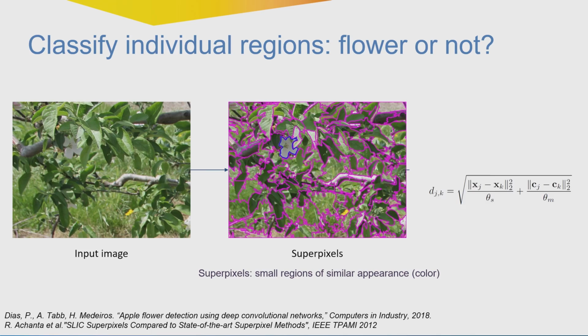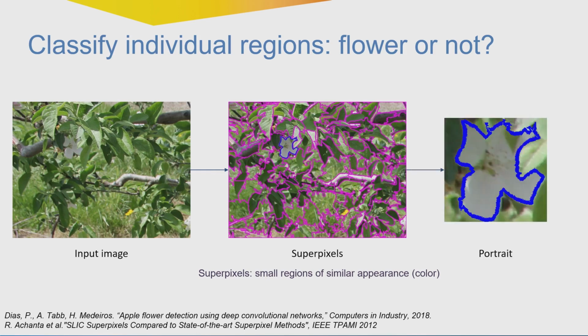You have a 5D space of the x and y coordinates, plus the 3 coordinates of whatever color space you're using. Then you optimize to form clusters that minimize those distances within each cluster. This is how you get the so-called superpixels.